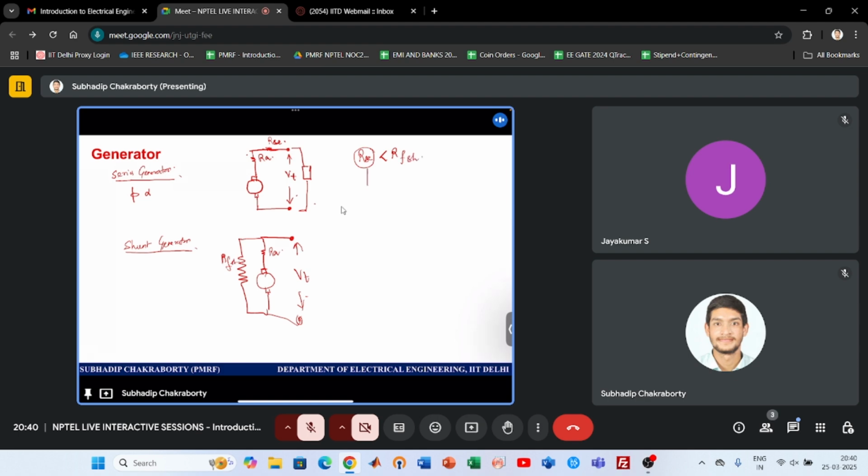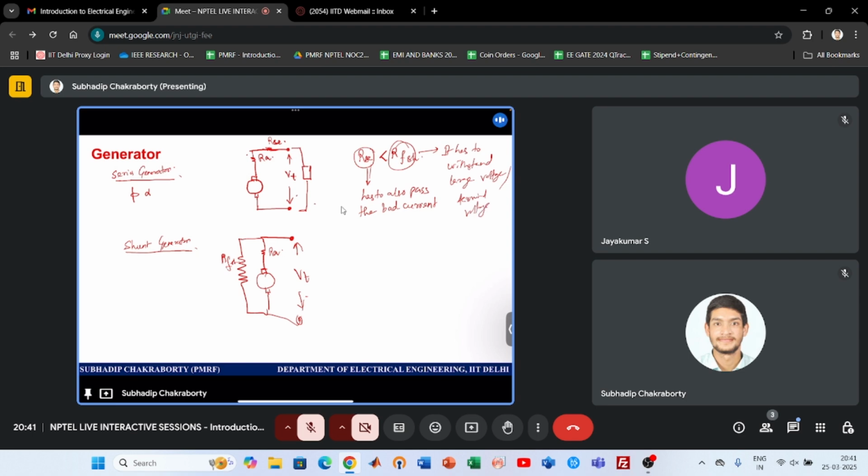This is because the series field has to also pass the load current, and the shunt field needs to be higher because it has to withstand large terminal voltage.